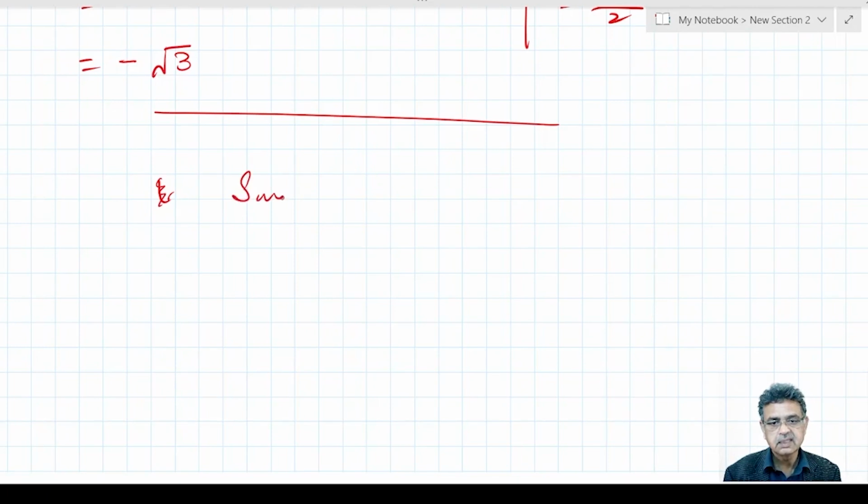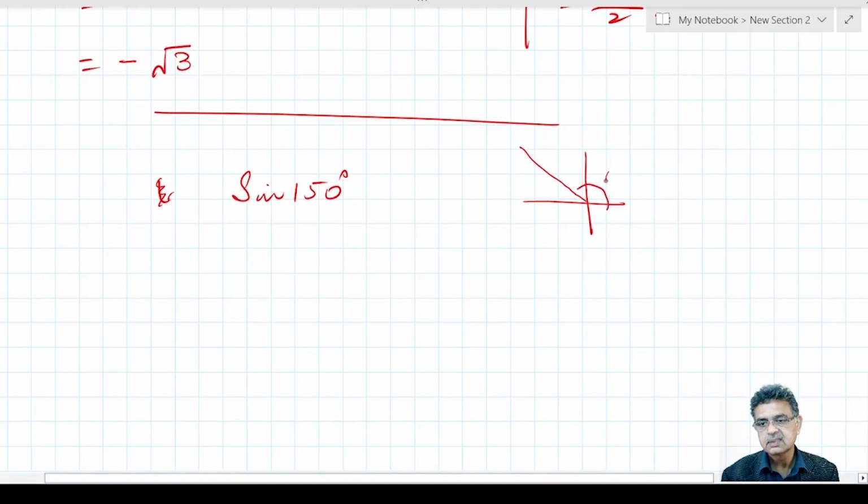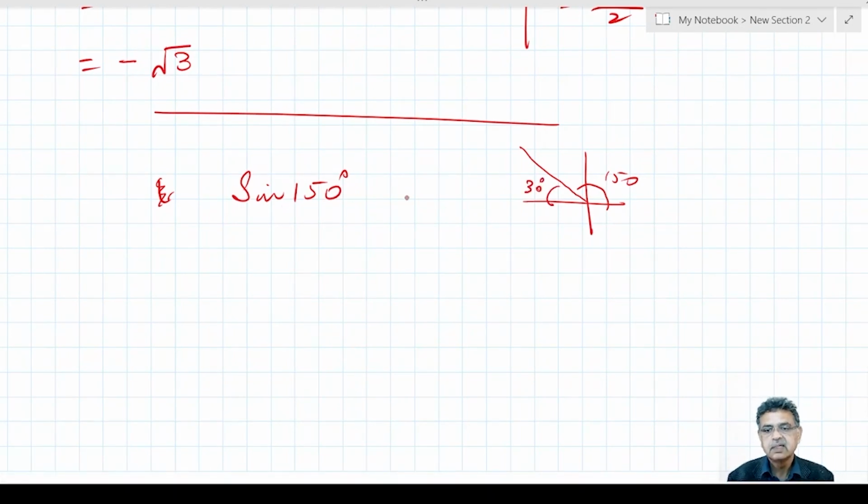Now this is sine 150 degrees. Where is it? It is less than 180, so this is 150 degrees, this is 30 degrees. Whenever there are such values, you must draw this figure so that you can have a clear idea about the relationship between positive and basic angles or negative angles.